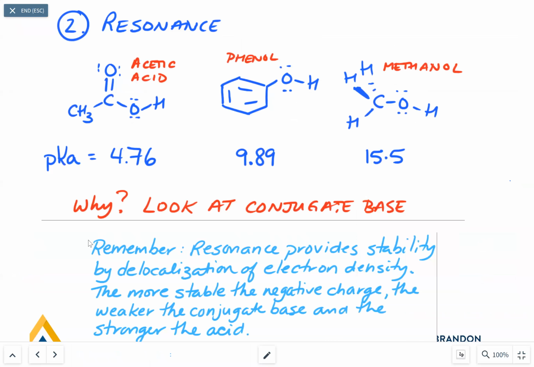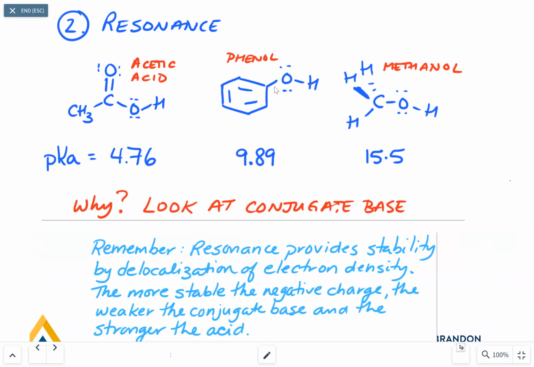Okay, so the second structural feature, which is important besides what the proton is bonded to itself, is resonance. When we're doing this, we sort of are comparing apples to apples.